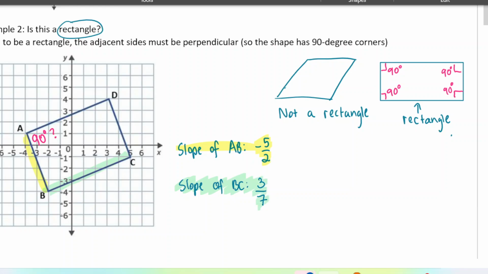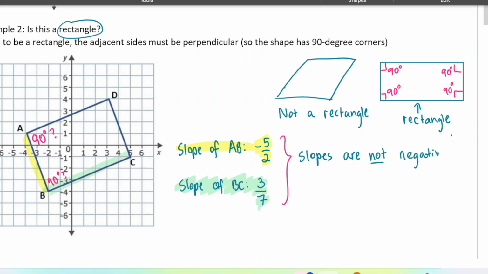Okay, let's have a look at those. Let's investigate them. So if there's a 90-degree corner, then those two lines would be perpendicular. But we know they're not here. These slopes are not negative reciprocals.